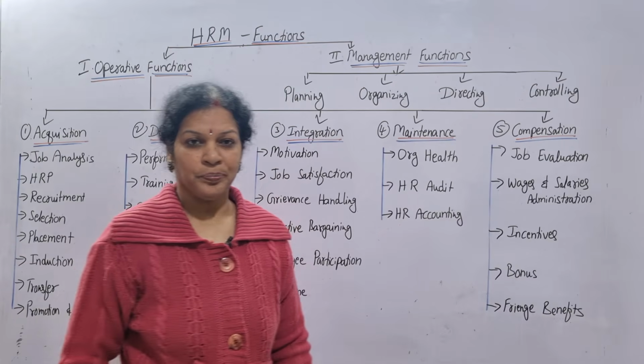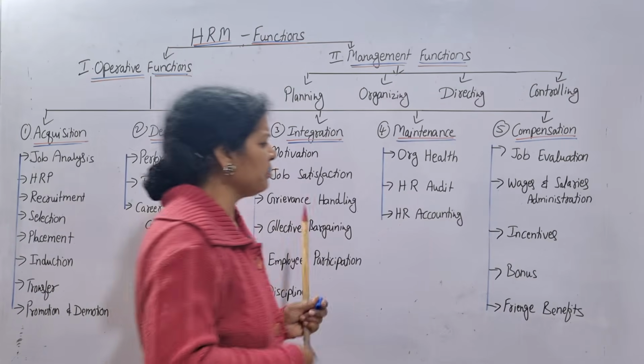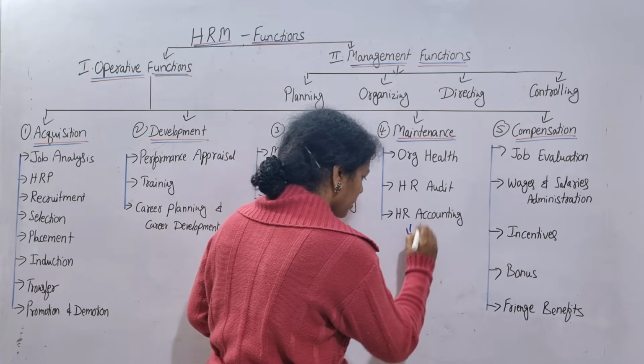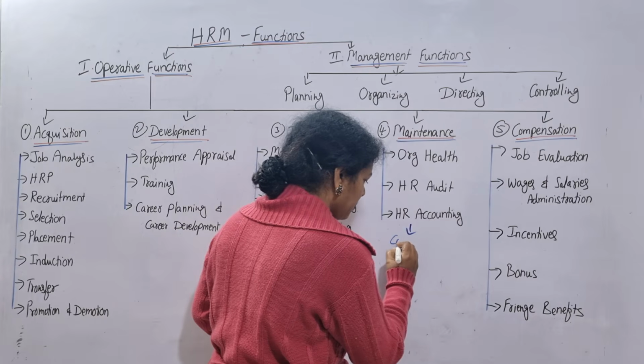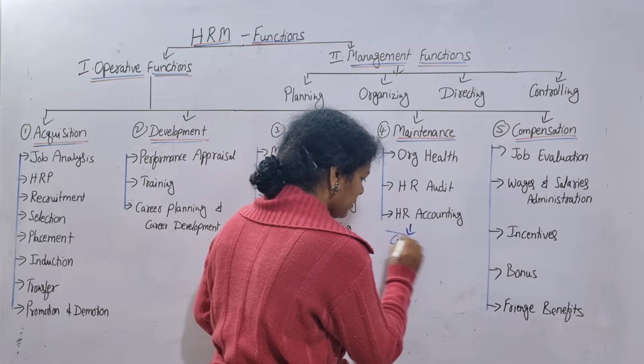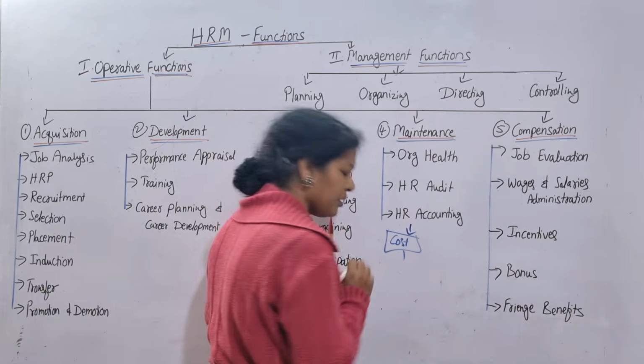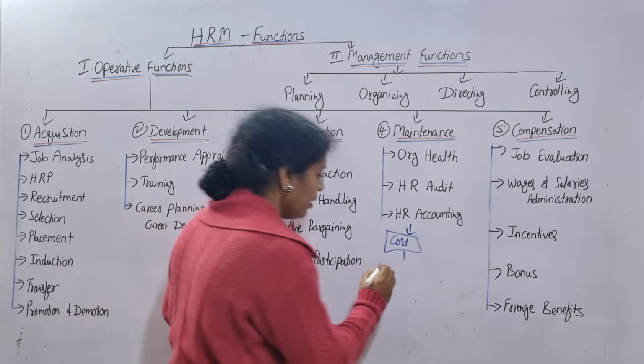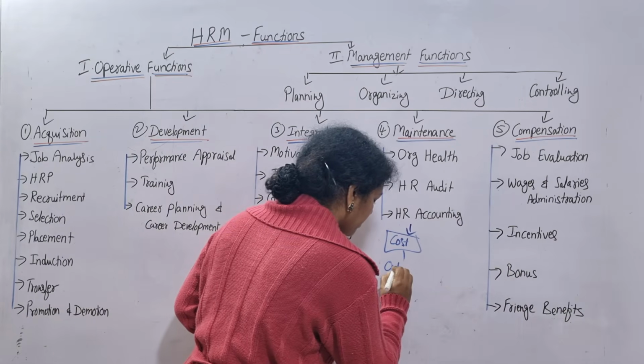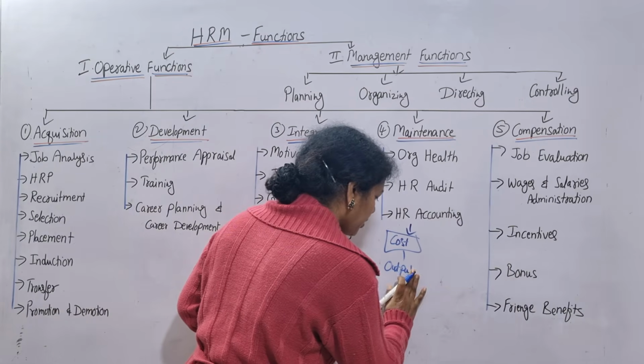HR accounting. HR accounting comes under the cost we have spent on employees, and this is calculated against the output or outcome, you can say.